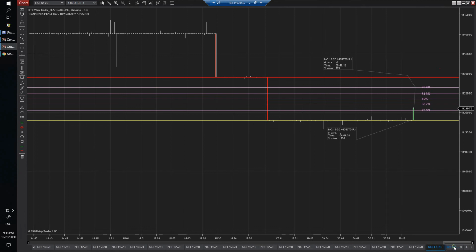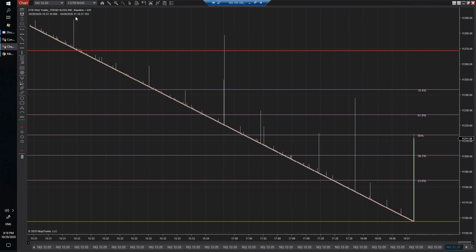So the next indicator is the same indicator, and that's based on the trending baseline. So again, it's going to draw the values of price where it is in relation to where the baseline is. So at the moment it's right near the 50%.